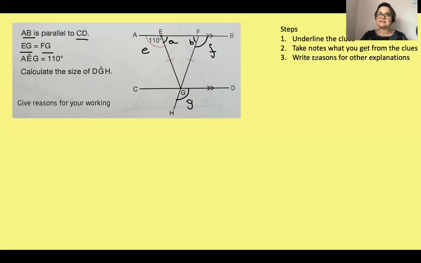Now I'm going to write, because it says take notes of what you get from the clues: triangle EGF is isosceles because EG equals FG.